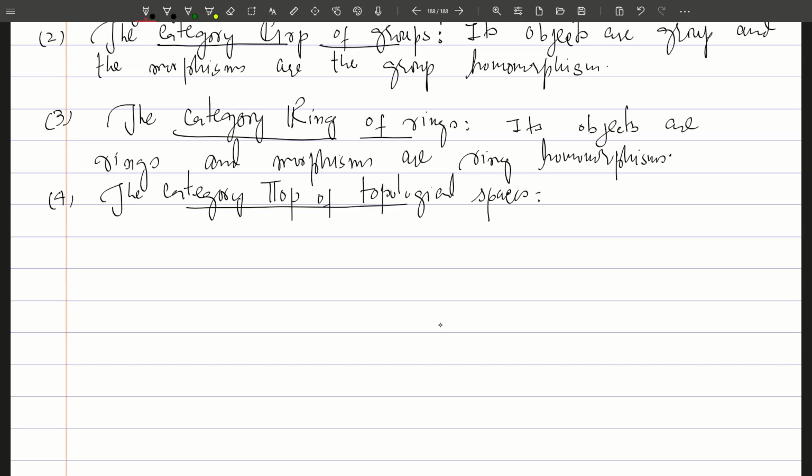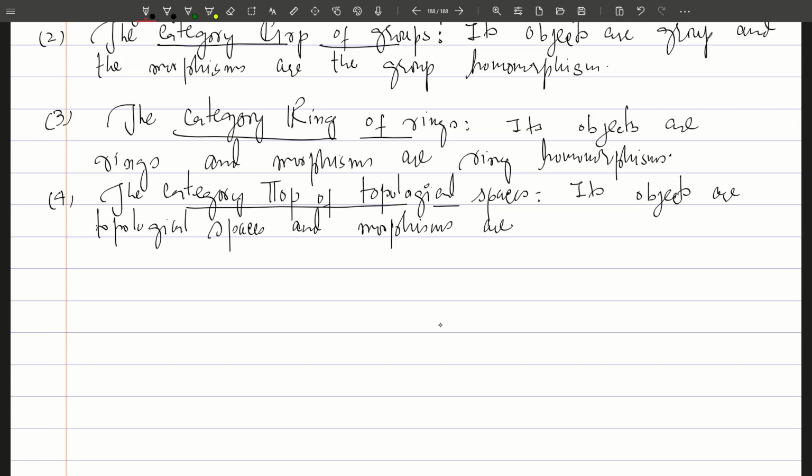So here the objects are topological spaces and the morphisms are continuous maps.